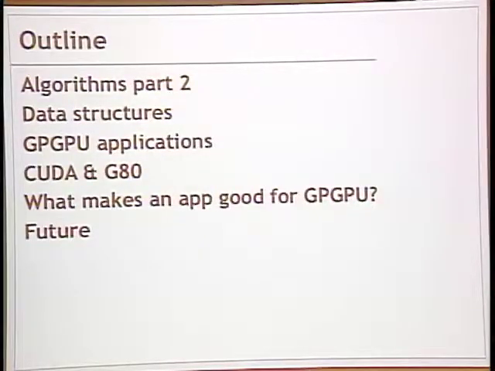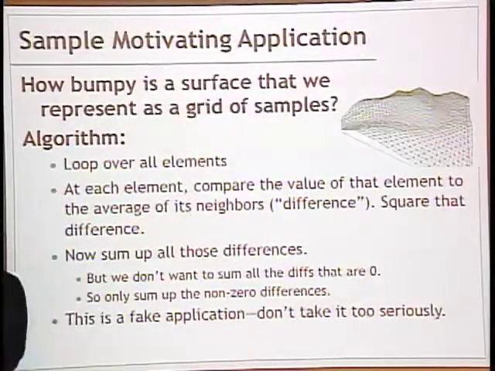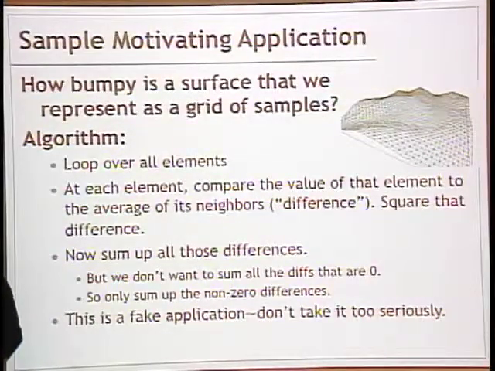Okay, so here's the application that we were looking at last time, this idea of bumpiness. We've got this grid of regular samples. What we're going to do is try to figure out, if we treat those samples as a height map, where each value is a height above sea level or something, how bumpy is the terrain?